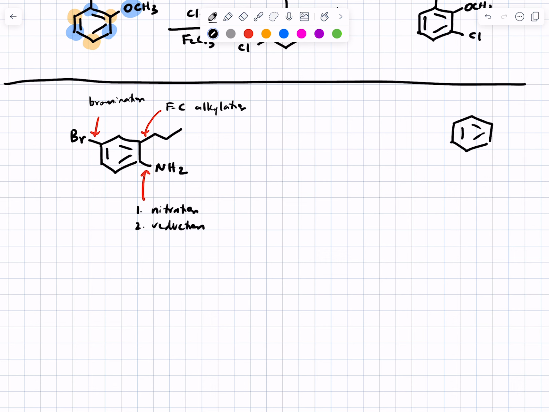The next thing to do is to think about the relationship between the two groups. So we can get between various groups on the ring, so we can get a sense for what had to have happened first. All right. Aniline is ortho to the alkyl group.